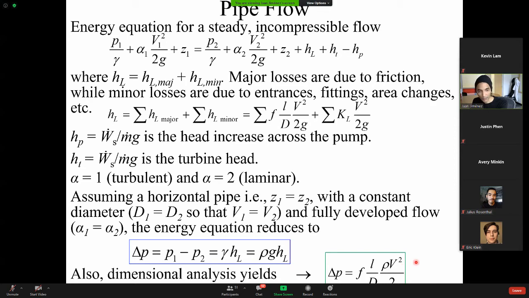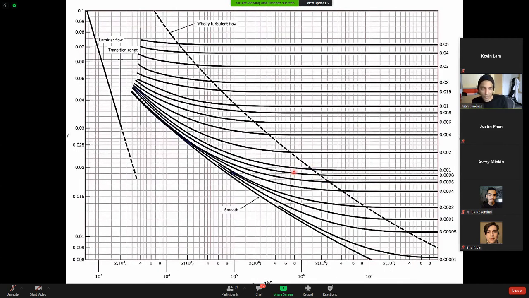Okay, so these curves come from the Colebrook equation, and you can either use the Colebrook equation or the Moody chart. Sometimes you use the Moody chart for an initial guess and then go back to the Colebrook equation. But let's say you have pipe flow and you have some Reynolds number.